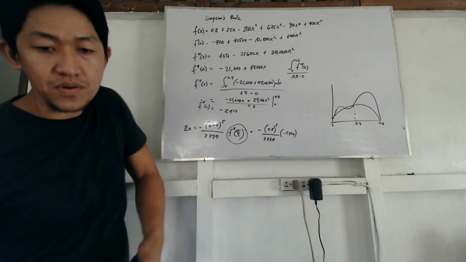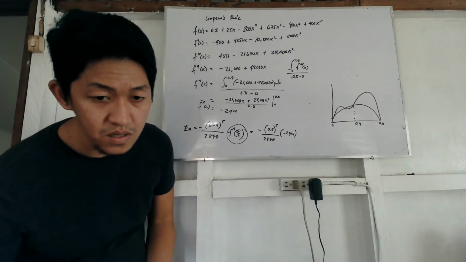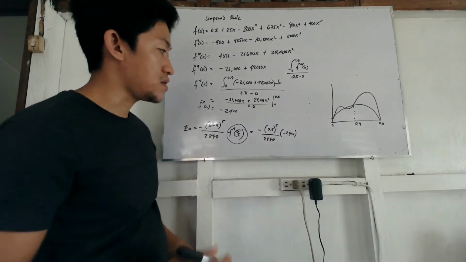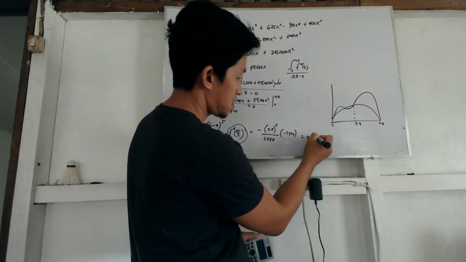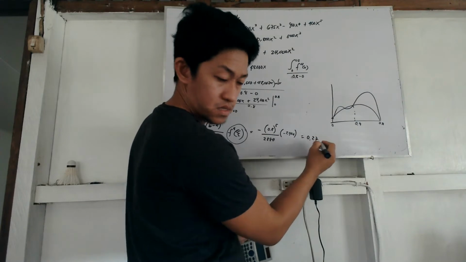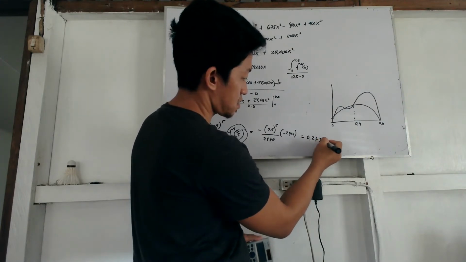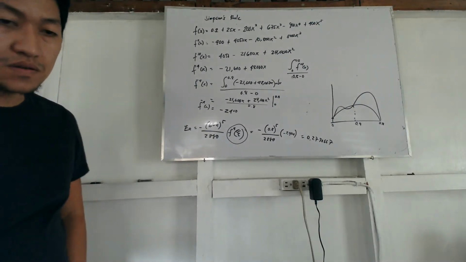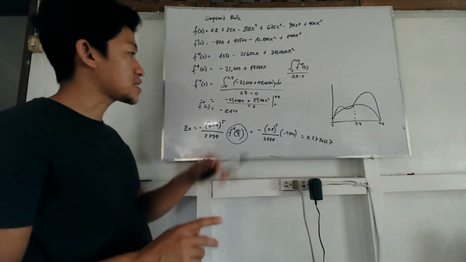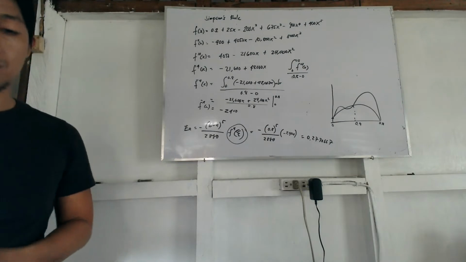So this will give you a value of 0.273067. Okay, so you see the improvement in terms of the error.